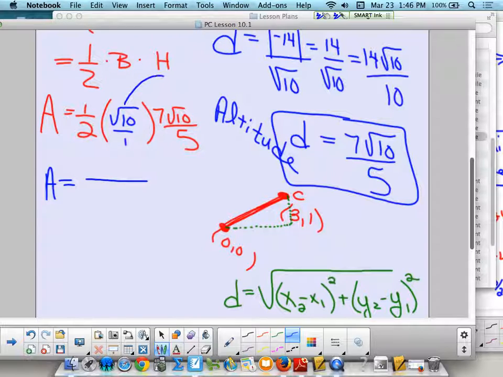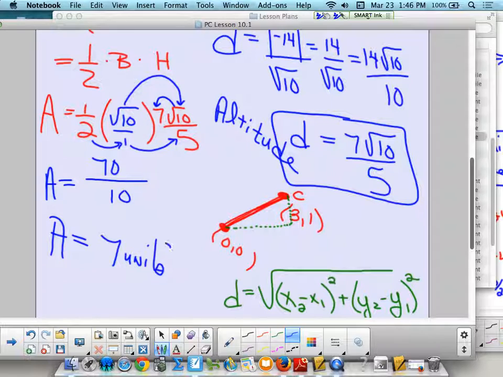What's the square root of 10 times the square root of 10? 10 times 7? 70 over 2 times 1 times 5. What's the area of your triangle? 7 square units.